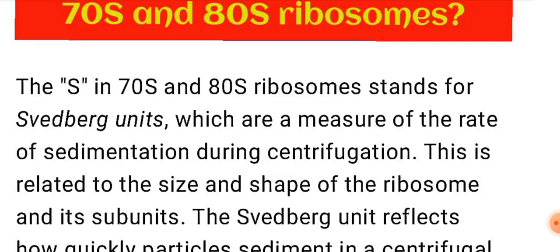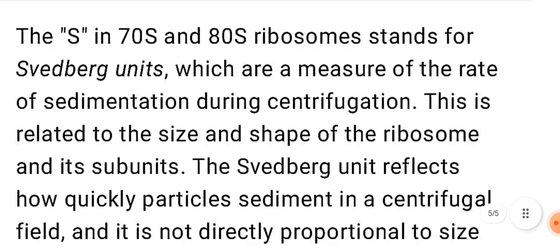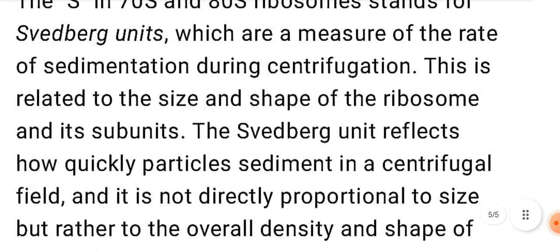Now you do not have to go to a deeper concept, just remember the basic things. This is related to the size and shape of the ribosome and its subunits. The Svedberg unit reflects how quickly particles sediment in a centrifugal field and is not directly proportional to size.